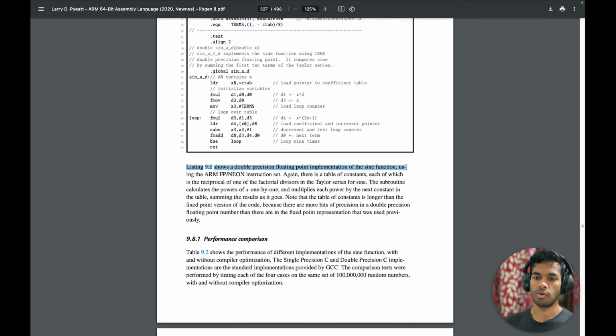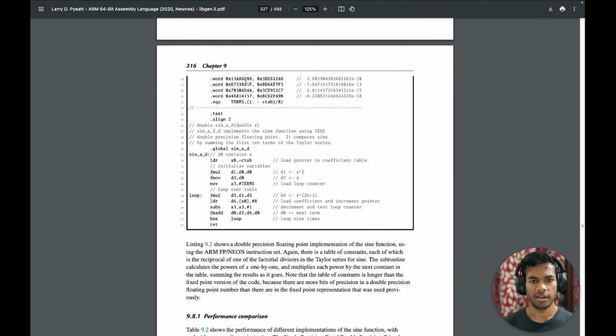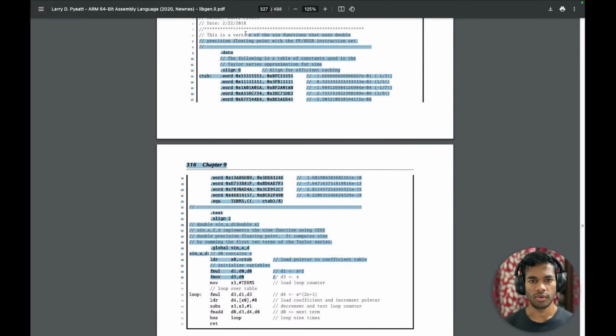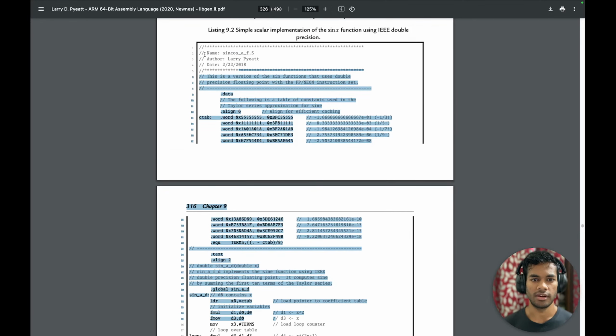Again, there is a table of constants, each of which is the reciprocal of one of the fractional divisions of the Taylor series. The subroutine calculates the power of x one by one and multiplies each power. And okay, this is just explaining how we can calculate a sine function using the Taylor series.